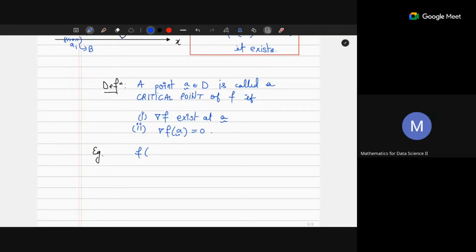Differentiability is a much stronger condition. Grad f exists if all the partial derivatives exist. But it may happen that a function has all the partial derivatives, but it's still not differentiable.